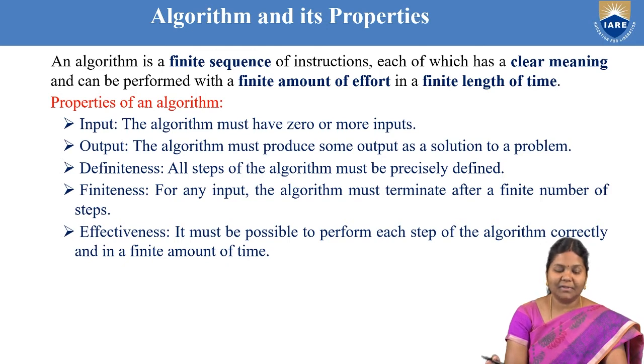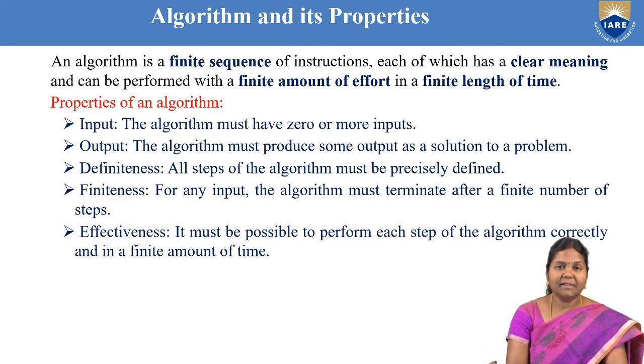What is definiteness? The definiteness property says that all the steps of the algorithm must be precisely defined. Then finiteness says that for any input, the algorithm must terminate after executing a finite number of steps, so it should not go into an infinite mode.